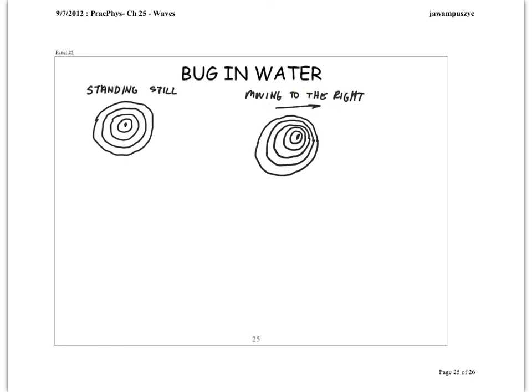And this happens because, if you remember from our previous discussion, we said that the speed of a wave is the same in a given medium. So the waves are moving away from the bug over here in all directions at the same speed. That's why the pattern that's created is a circle. Only a circle represents a bunch of points that are the same distance away from some center point.